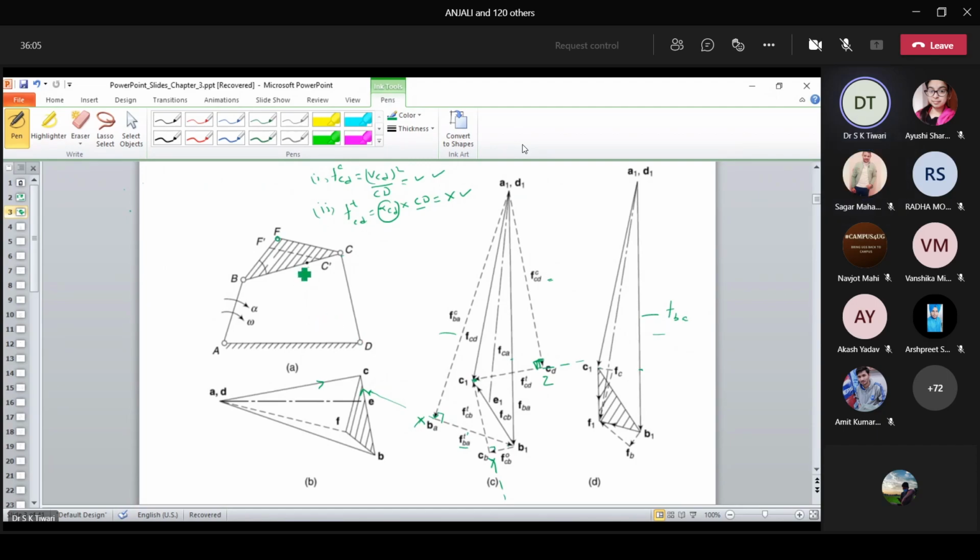Okay. Now look, to locate any point, whether you are trying to locate it on the velocity image or on the acceleration image, you need 2 points. Okay. Now we assume that F is rotating with respect to B at this moment. It means I am interested in finding FC, FB. It will be velocity of F with respect to B square divided by FB.